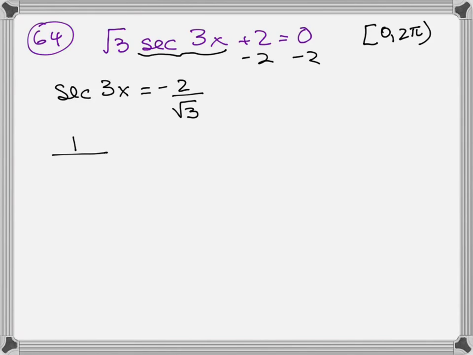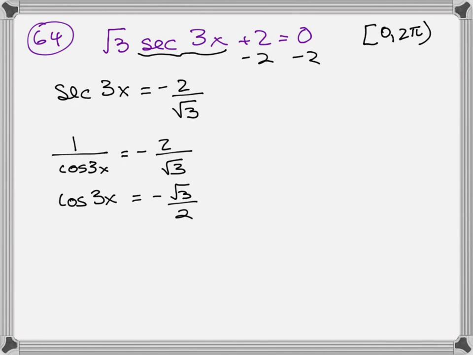So 1 over cosine of 3x is equal to negative 2 square root of 3. So if I multiply everything by the cosine of 3x, then I take the reciprocal. So really what I'm solving is cosine of 3x equals negative square root of 3 over 2.